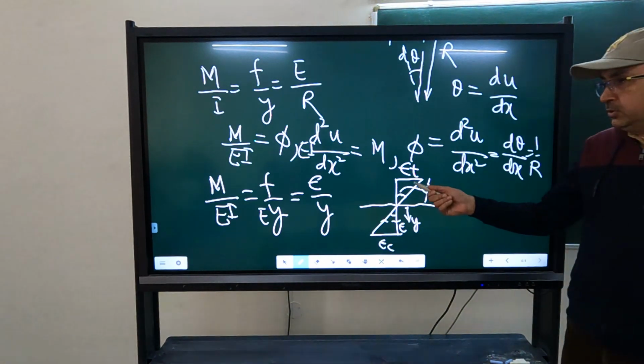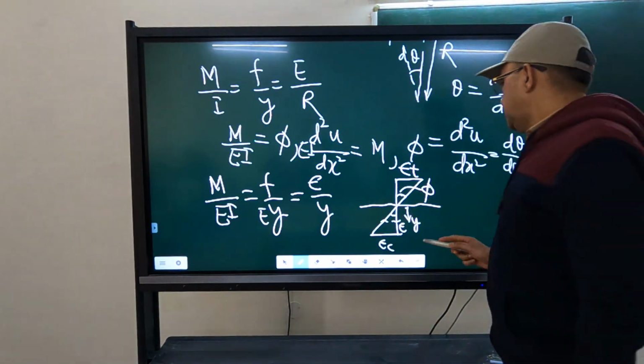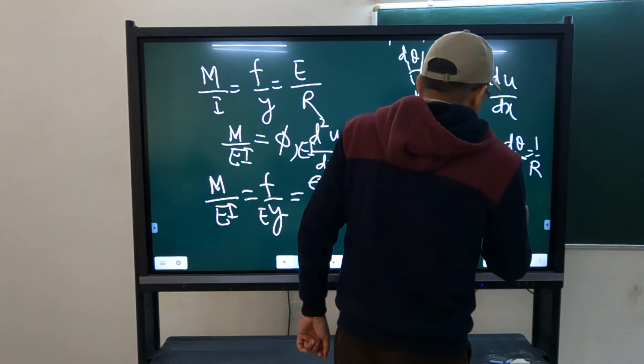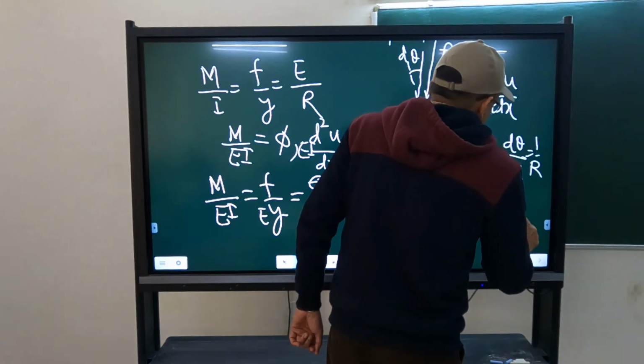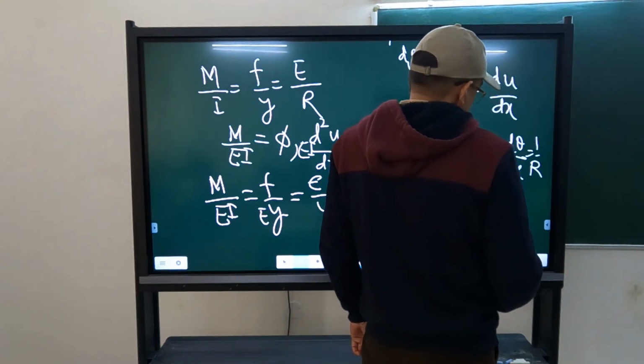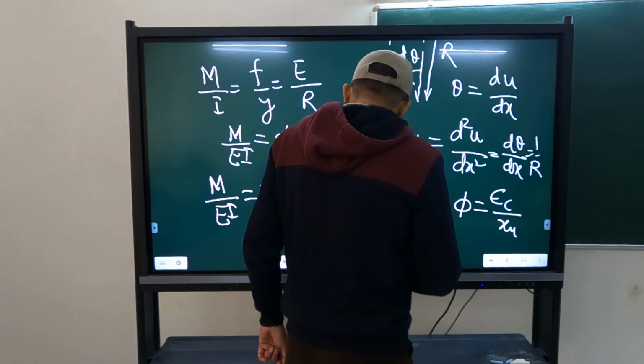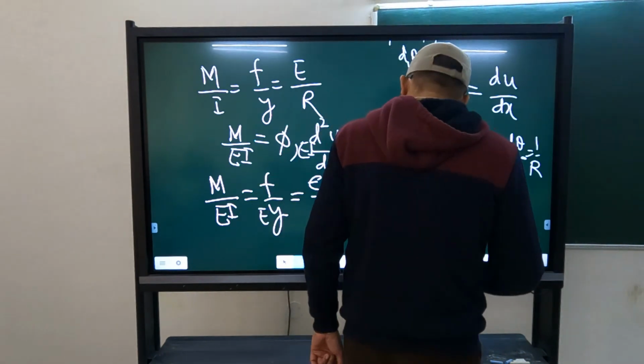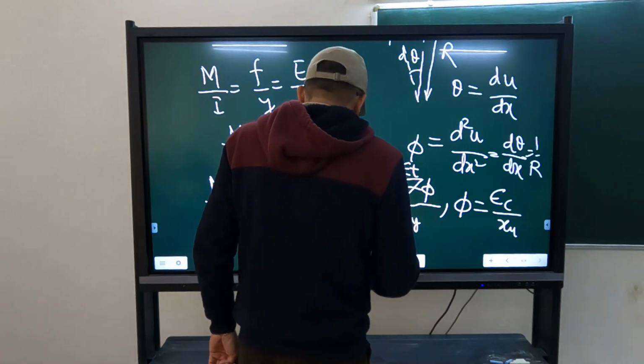So I wanted to bring you to this point. Curvature can also be written as epsilon c over xu. We have taken y as the distance, so I will call it y. What is y? The depth of the neutral axis.